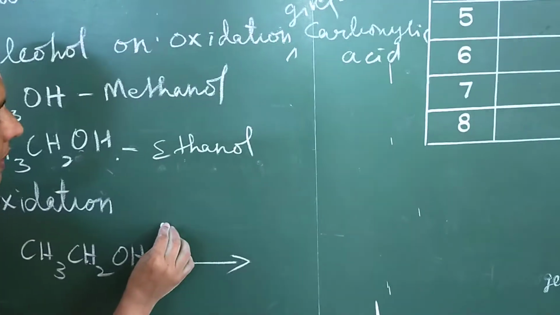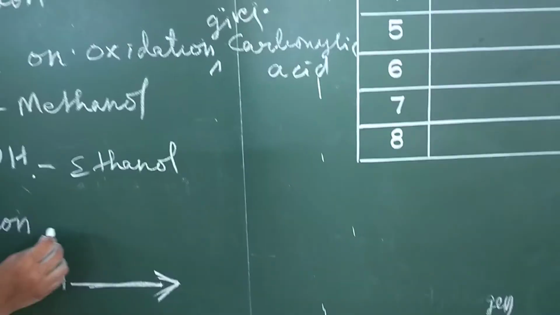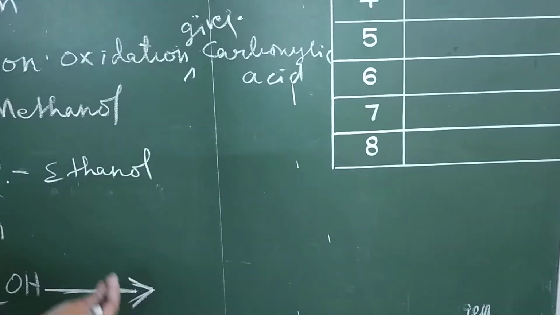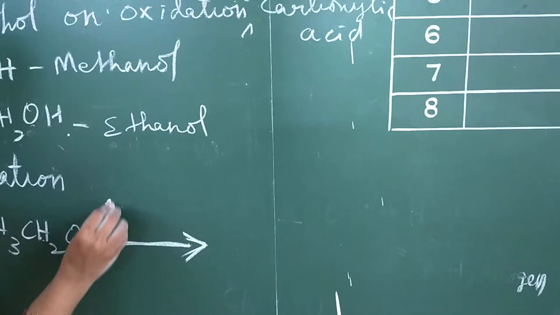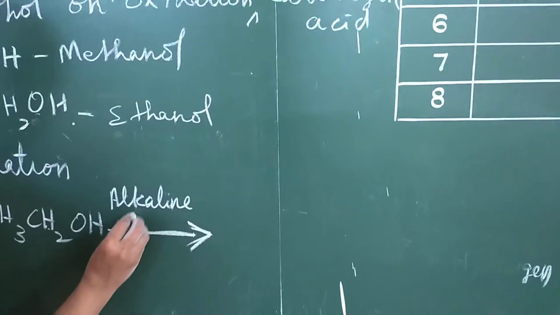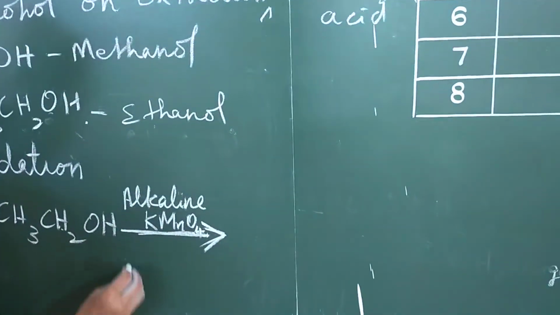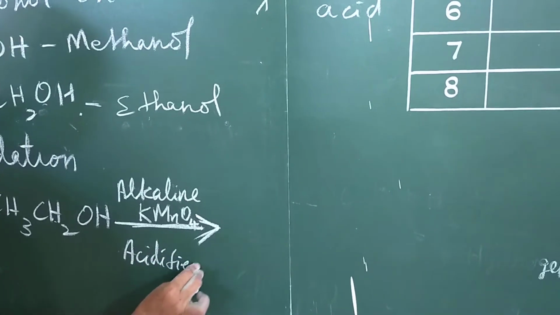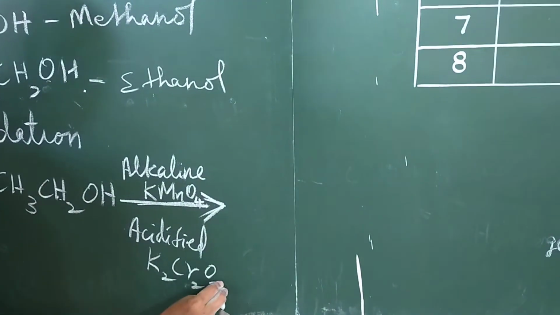So during oxidation, we have to add an oxidizing agent. An oxidizing agent means the substance which gives oxygen. So what oxidizing agent are we using?